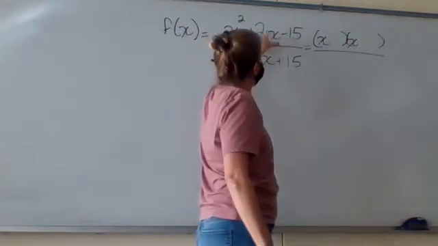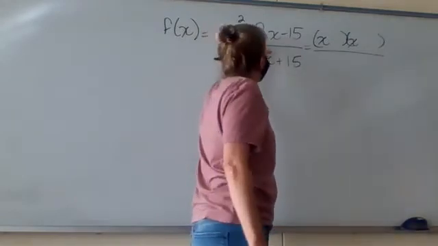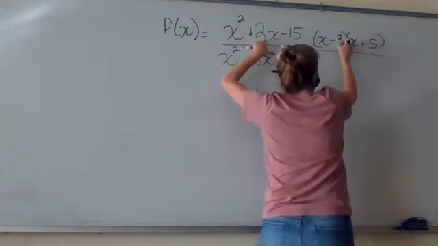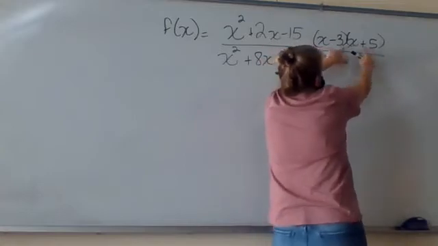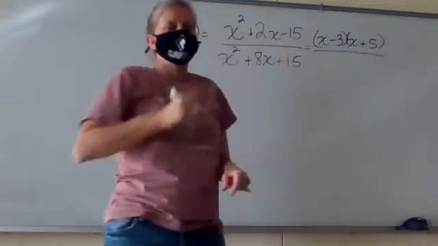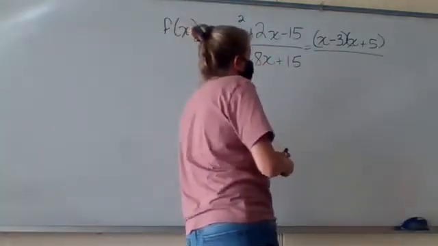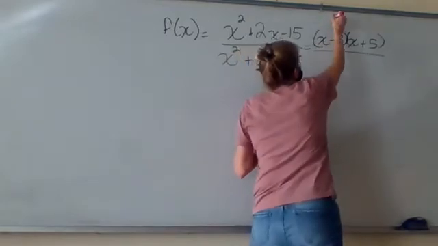Factors of negative 15 that add to positive 2. So let's see, that would be a positive 5 and a negative 3, right? Multiplies to negative 15, yes. Adds to positive 2, yes. So what would the zeros be that came from these two factors? This one, if I set that equal to 0 and solved it, it would be 3.